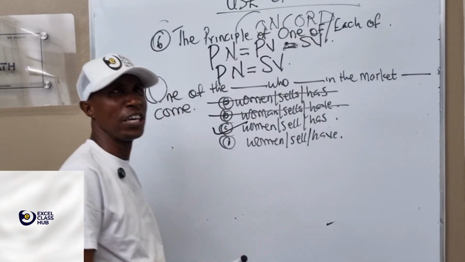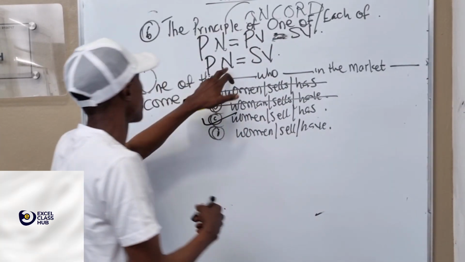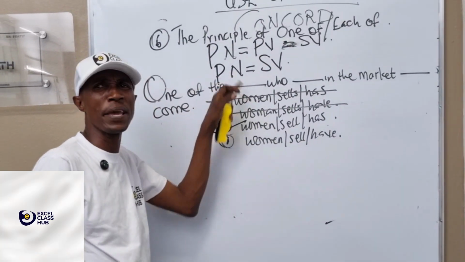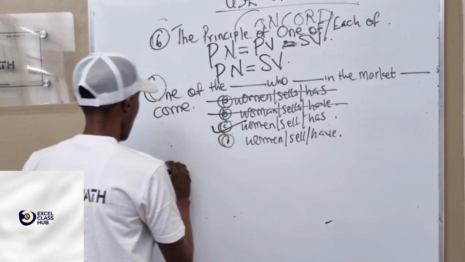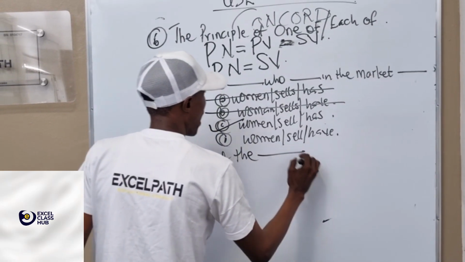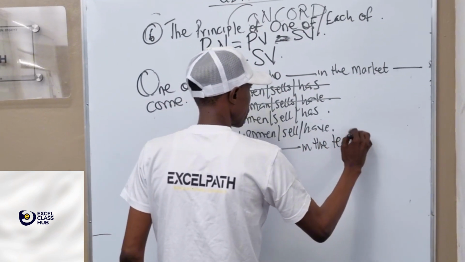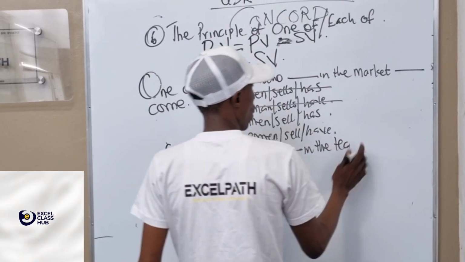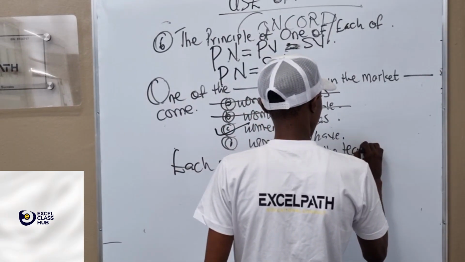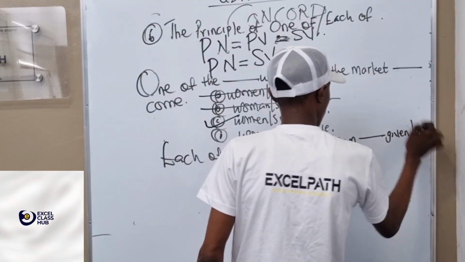But peradventure, if the dashes given to you are 2 in number, we say you have to make use of PN to be equal to PV. Now, look at this question. Each of the dash in the team dash giving 1 million.